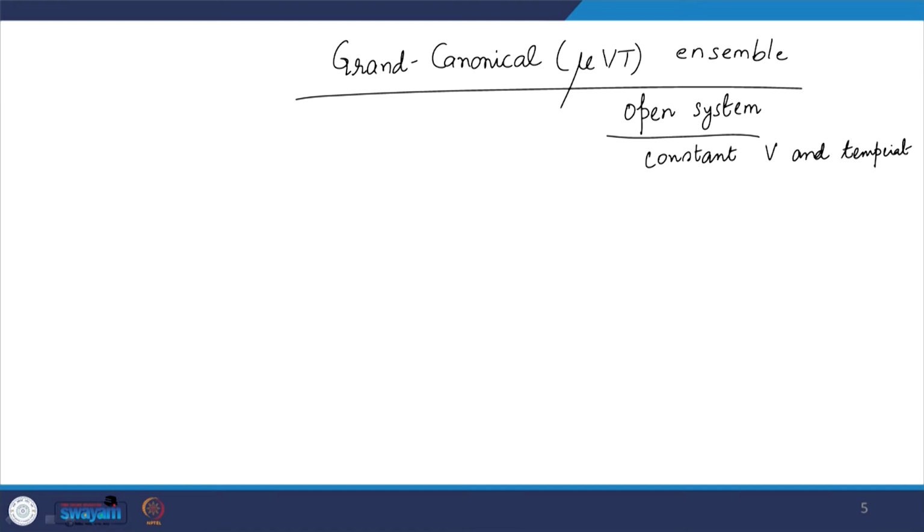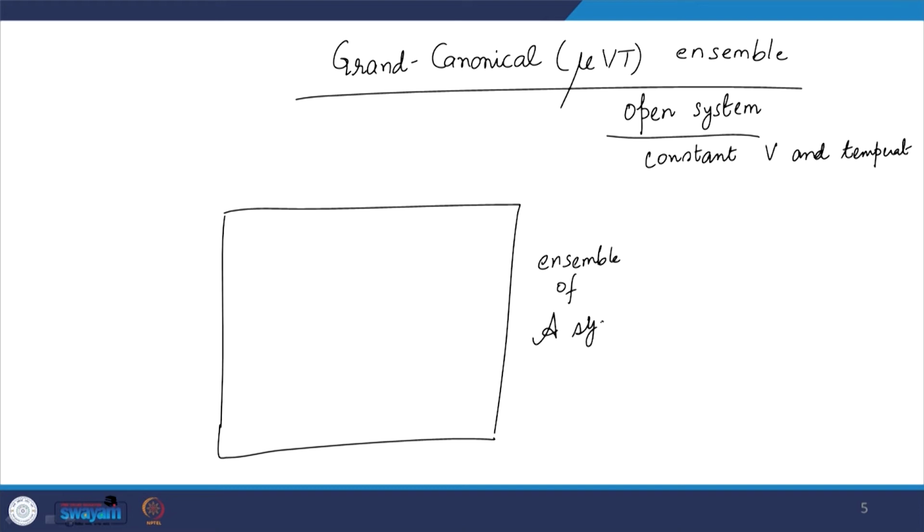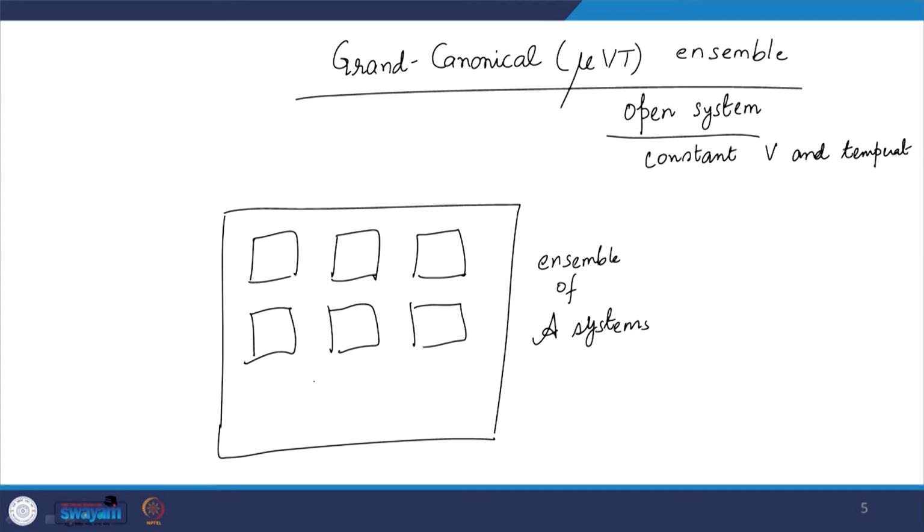So, if I think of the grand canonical ensemble, the way we think about it is still the same. We consider that we have an ensemble of some A states or systems, and each of these A systems now have the same value of the chemical potential, the volume and the temperature.